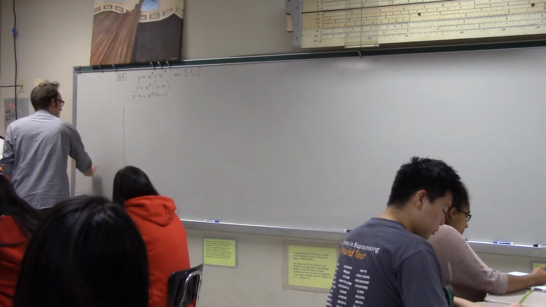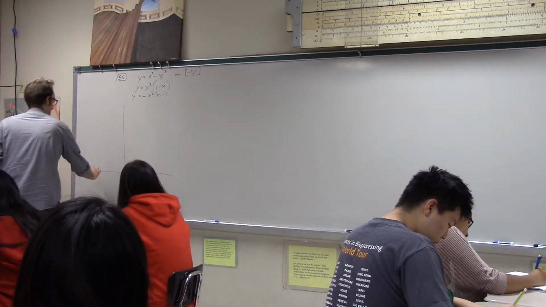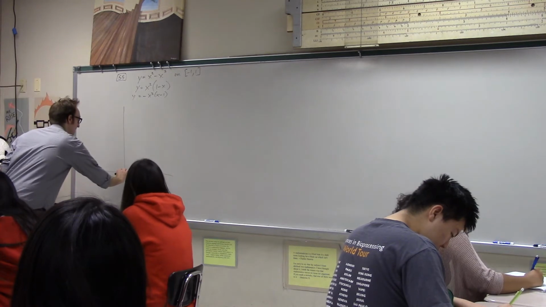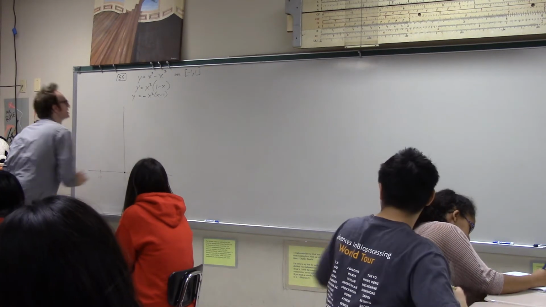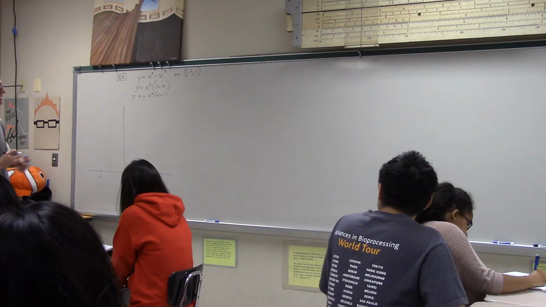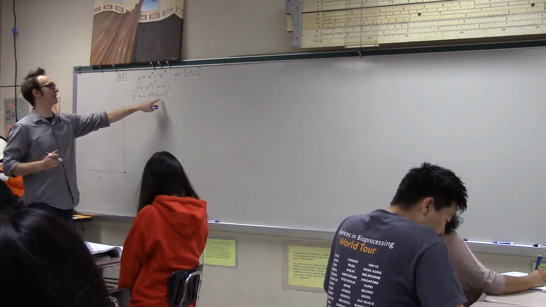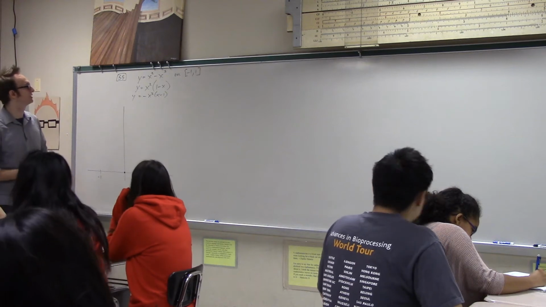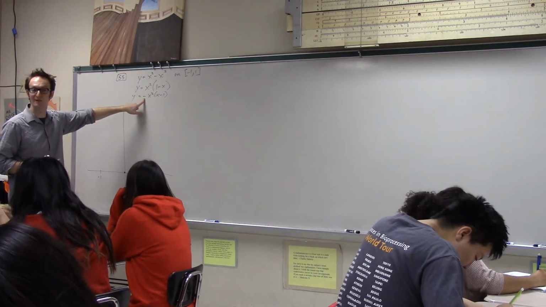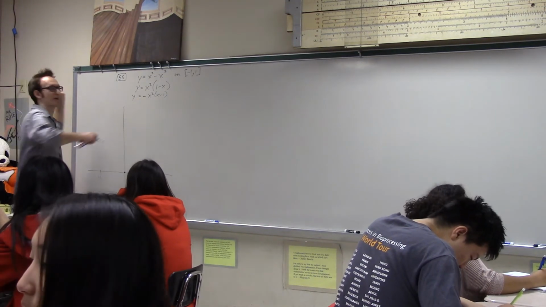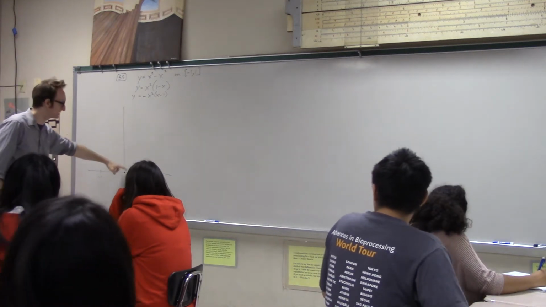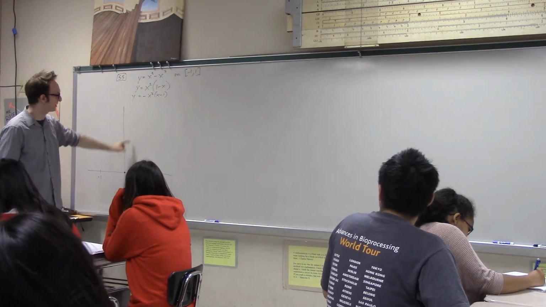It's a cubic with a double root at 0 and also a root at 1. Because of the negative, the end behavior is flipped. So it's going to come down, kiss the x-axis at 0, back up a little bit, and then down to 1.